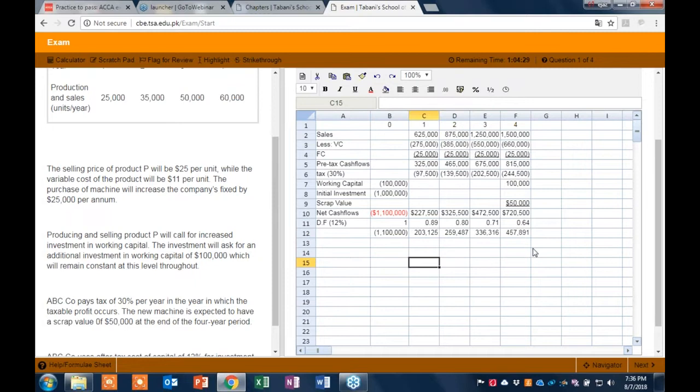So these are the present values. I'll just write present values. So we've got present values for every year using the formula approach.